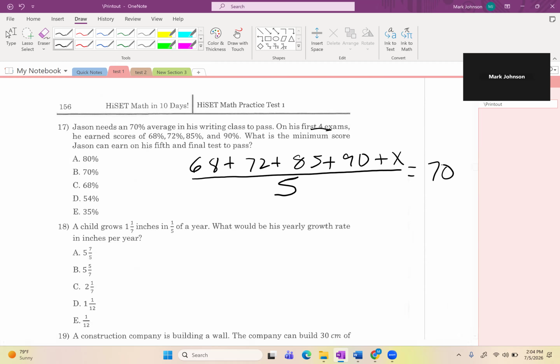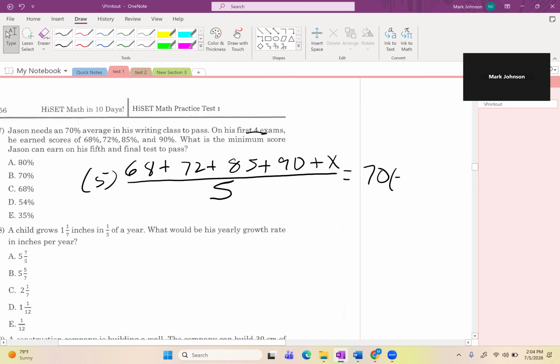So multiply both sides by 5, and that equals 350. And we'll add up the four numbers. So 68 plus 72 plus 85 plus 90 is 315.